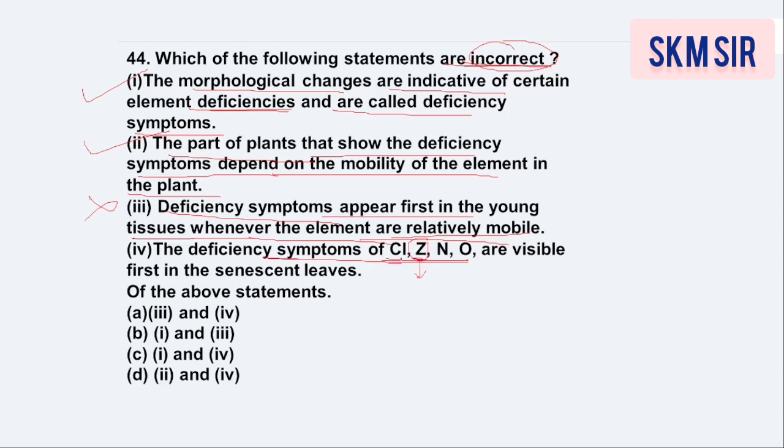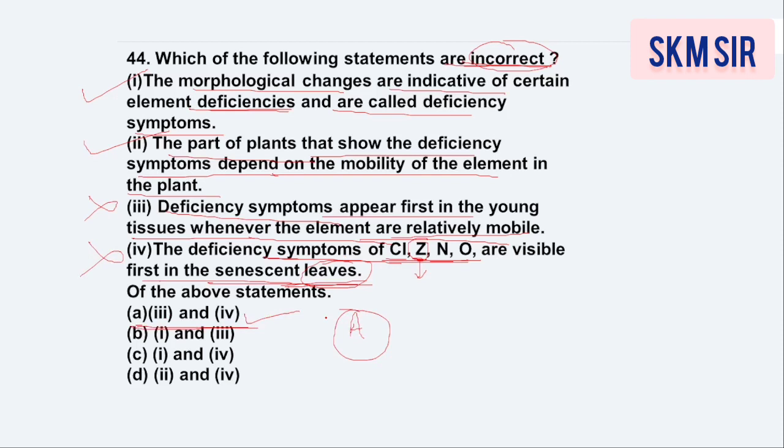No worry. Chlorine, nitrogen, oxygen are visible first in senescent leaves. That is another statement, and this is again the wrong statement. So it is the third and fourth which are wrong. Option number A will be our choice.